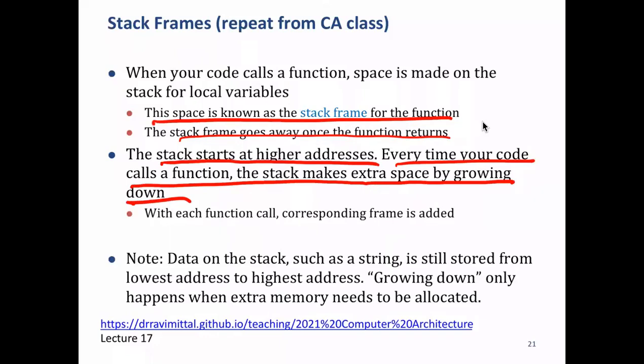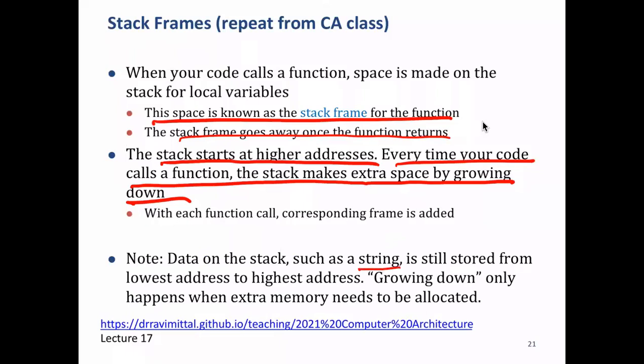Now, in a program you define various variables, you define structs and so on, and then a process is making a function call, and you have arguments. There is a definitive way in which these values are stored.